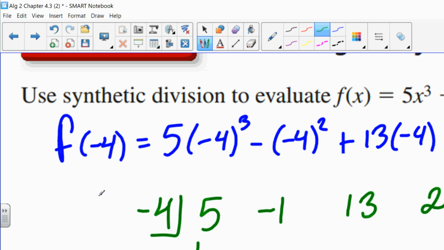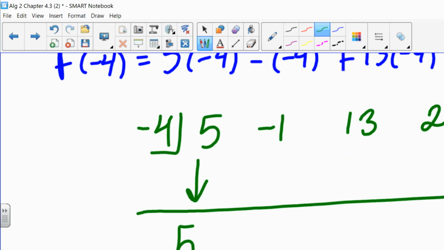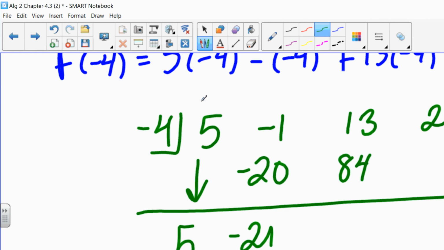First step would be to bring down the 5. -4 times 5 is -20, add straight down. -1 plus -20 is -21. -21 times -4 would be 84. The negative and negative would make a positive. Then we would add straight down, which would be 97.